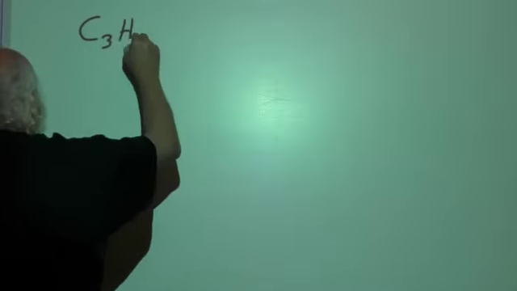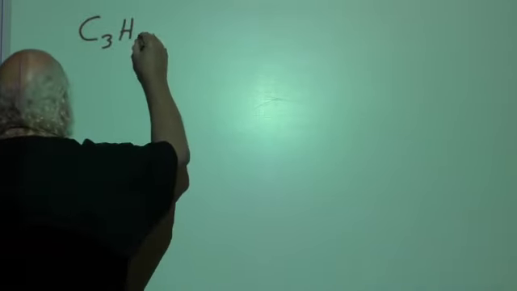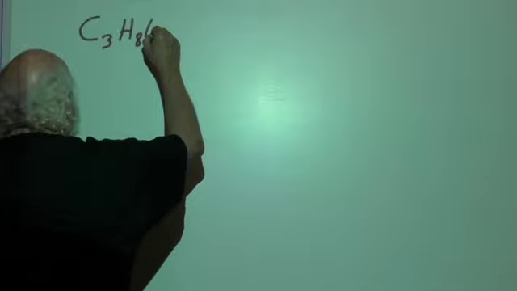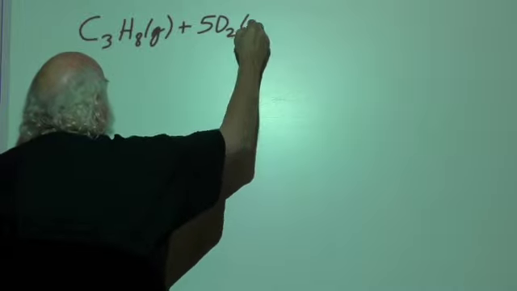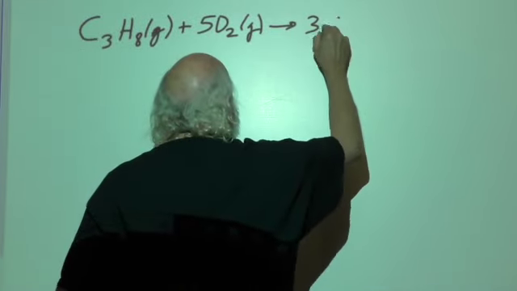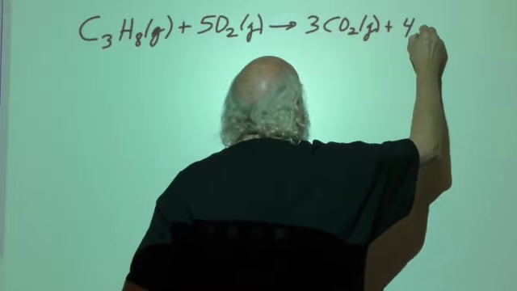Okay, so let's take the equation that I had on the script. Propane gas being burned or combusted with 5 oxygens to get 3 carbon dioxides and 4 steams.